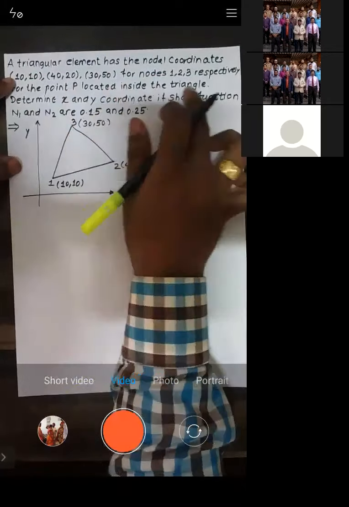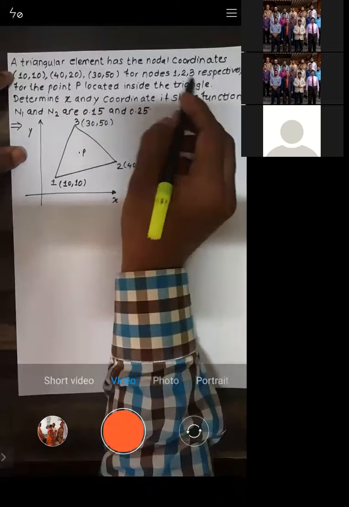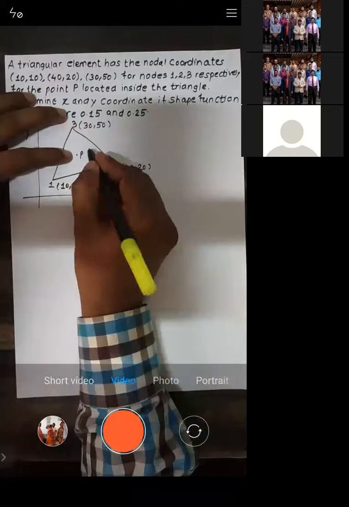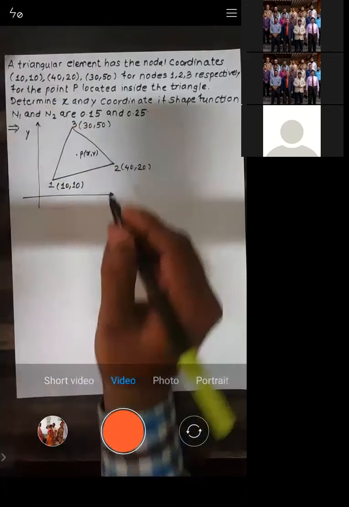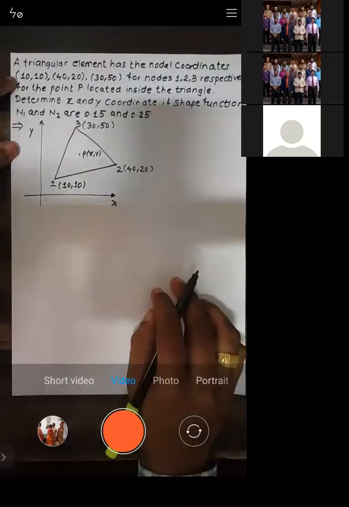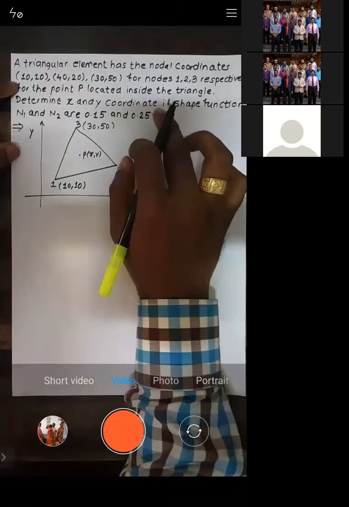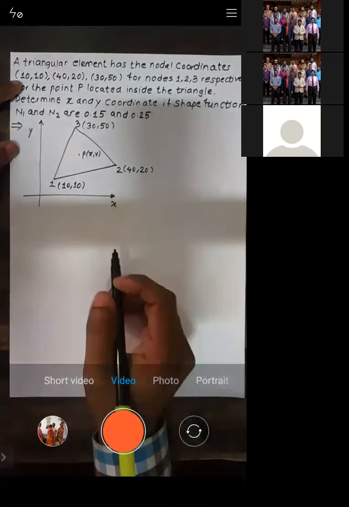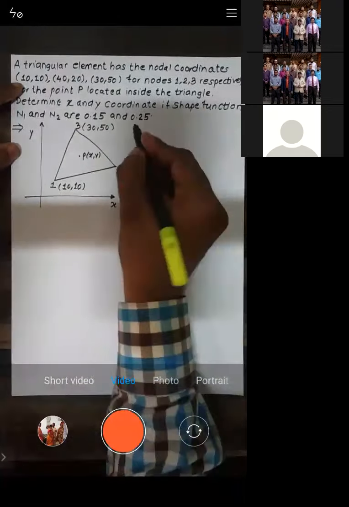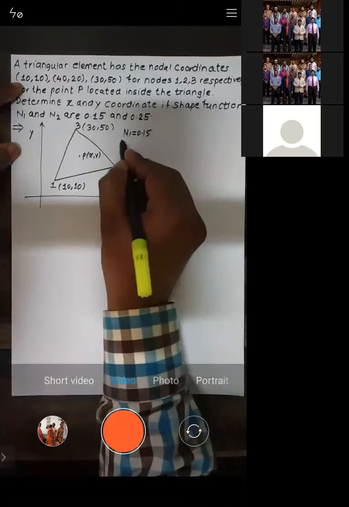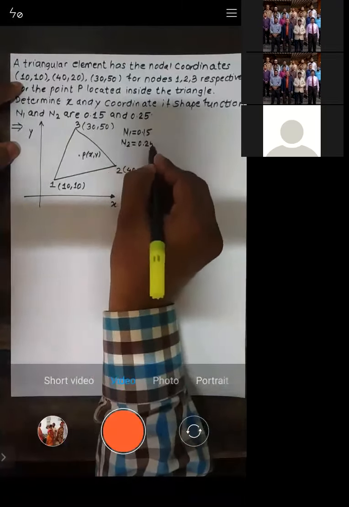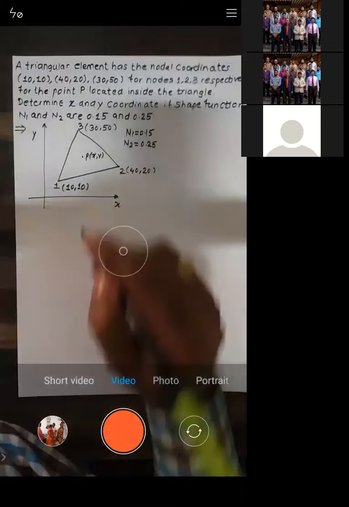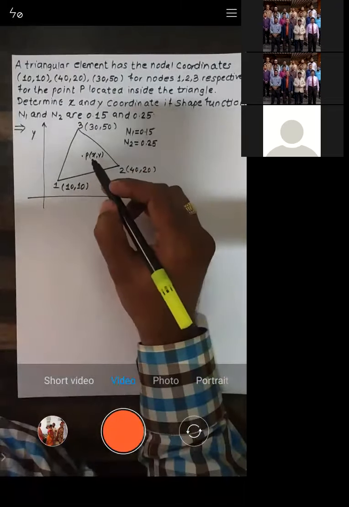For this point, determine the x and y coordinates, given shape functions N1 and N2 as 0.15 and 0.25. Have you understood the problem? So we are interested in calculating the x and y coordinates of point P.